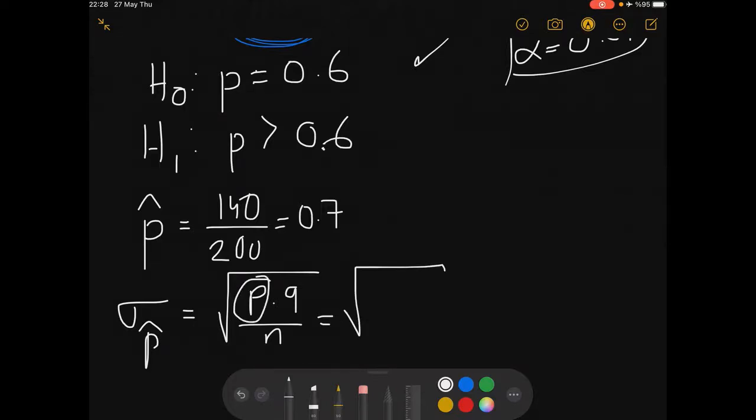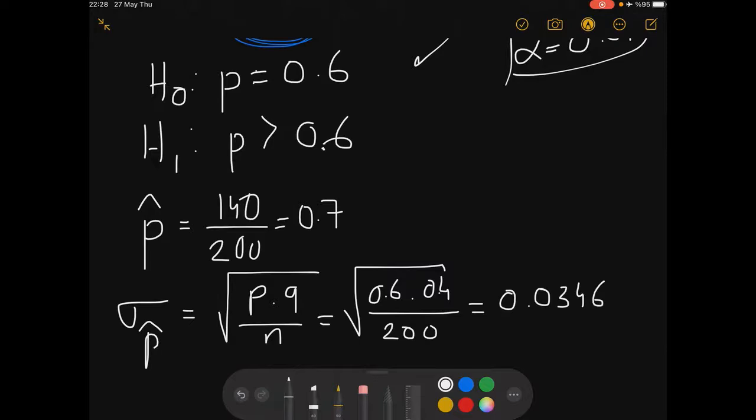Look at this. These are population parameters. So it is 0.6 times, just be careful about it, 0.4, over 200, which is your n, and that is 0.0346. This is your sigma.